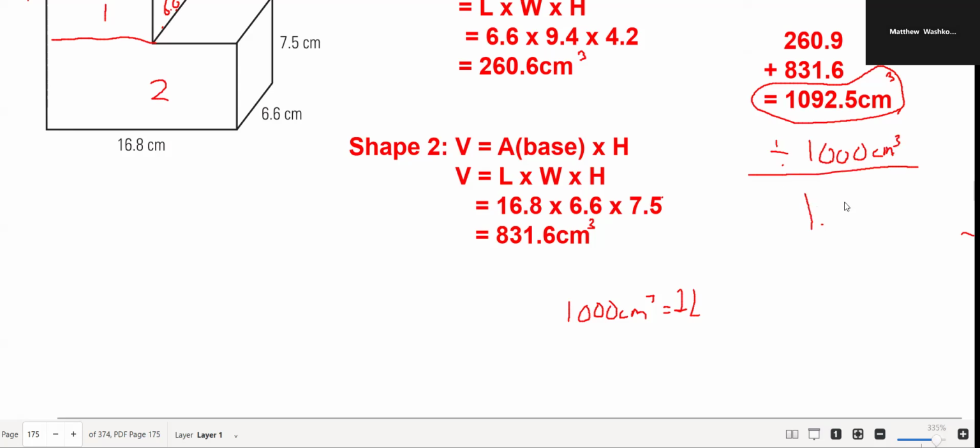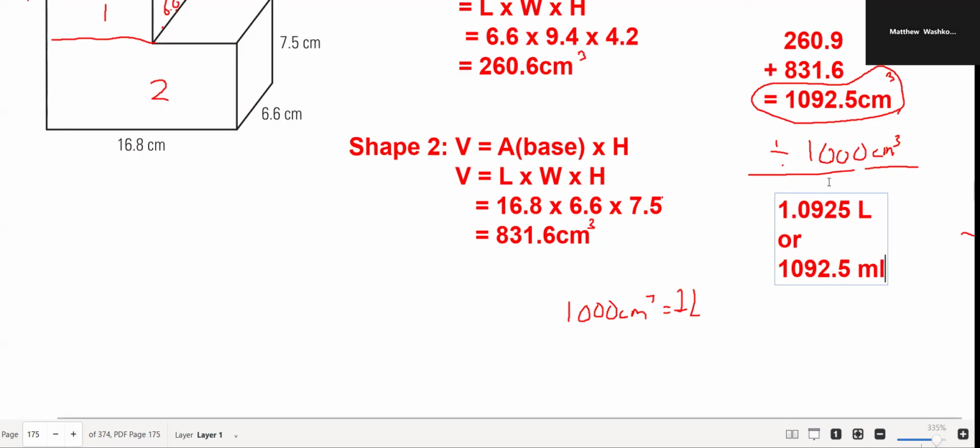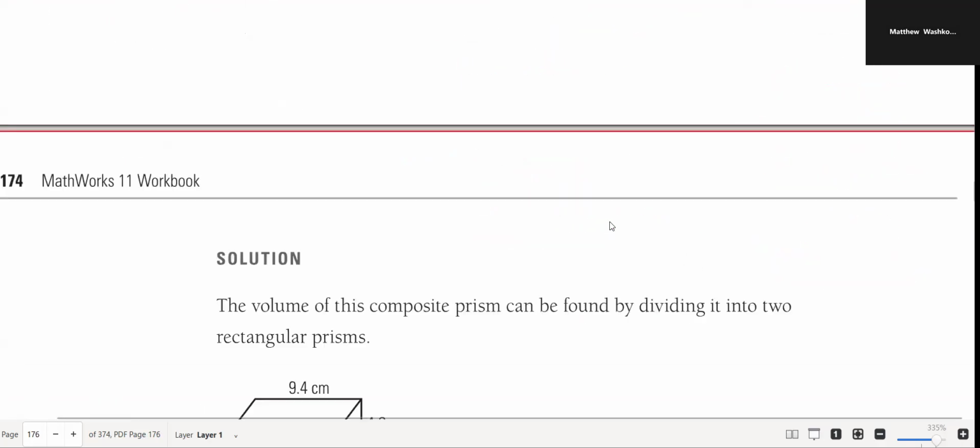And I'll get 1.0925 liters. Or we also know that that's just 1092.5 milliliters. These are the same things up here, right? So circle both my answers here. Read the questions carefully. All right.